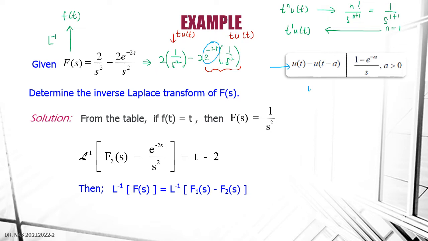You know that when you have u(t minus a), in S domain it will be 1 over s e to the minus as. So in this case you have e to the minus 2s, so your a equals 2, so it is u(t minus 2). So in this case all t will be deducted by 2, so the equation becomes (t minus 2) u(t minus 2).